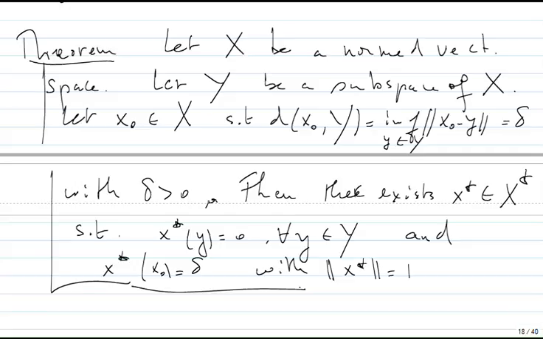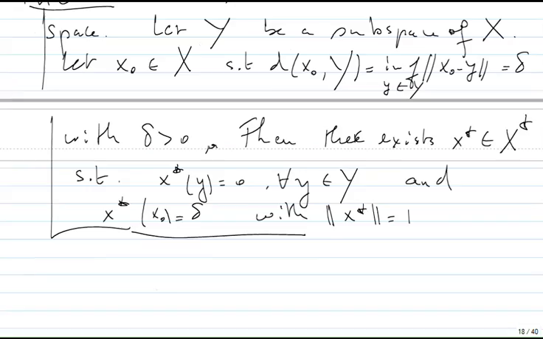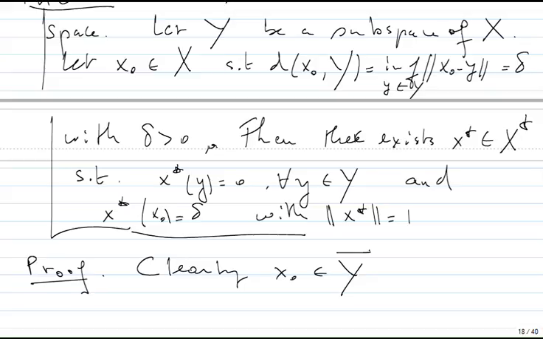So if you don't assume the norm of x star equal to 1, then you don't have equal to delta, because we may have different numbers. Proof: clearly x0 does not belong to the closure of Y.